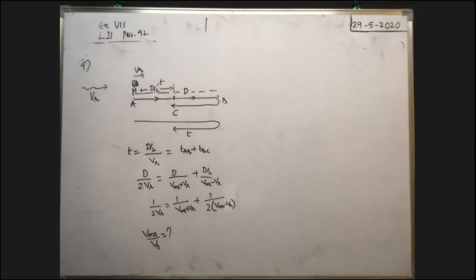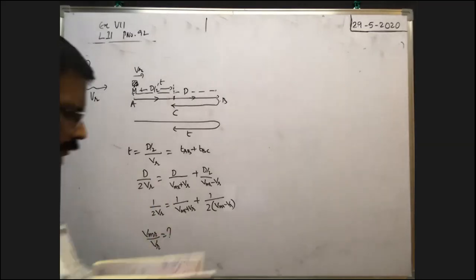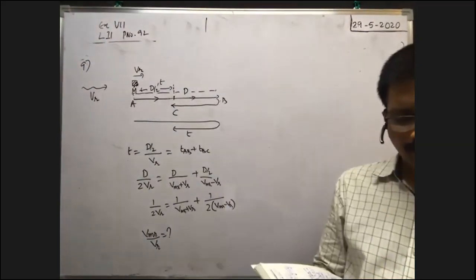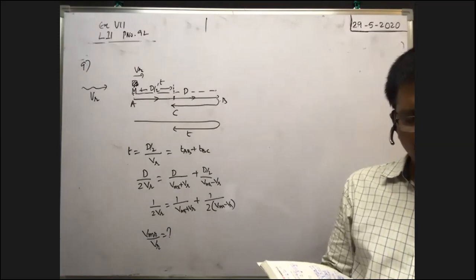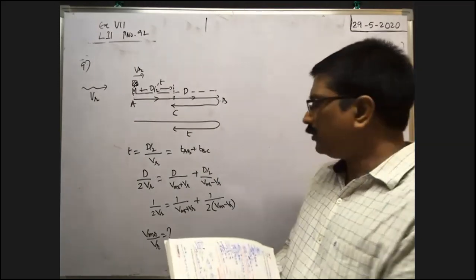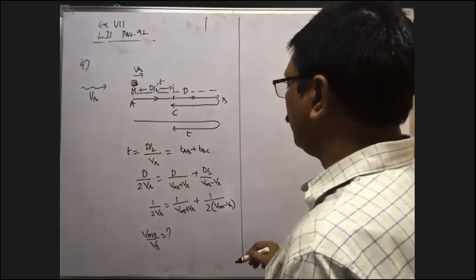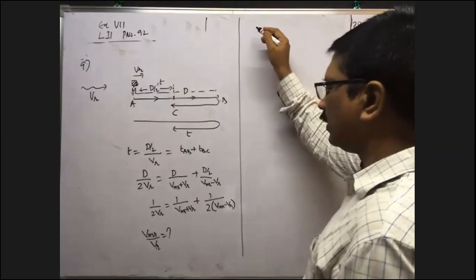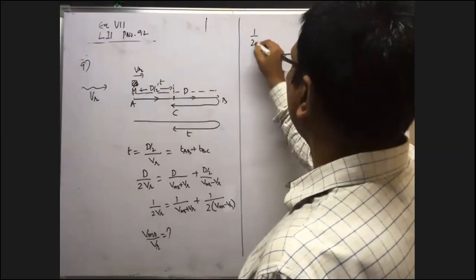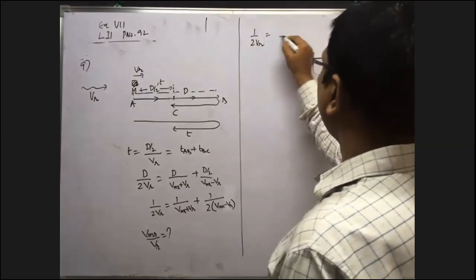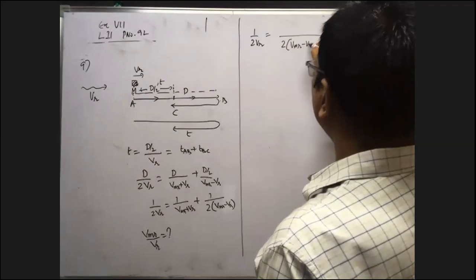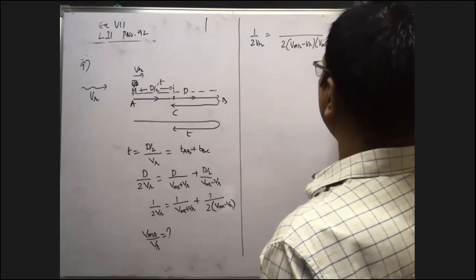Okay, you take LCM in that formula. When you take LCM, what will you get? 1 by 2 VR is equal to, when you take LCM, 2 into (VMR minus VR) into (VMR plus VR).